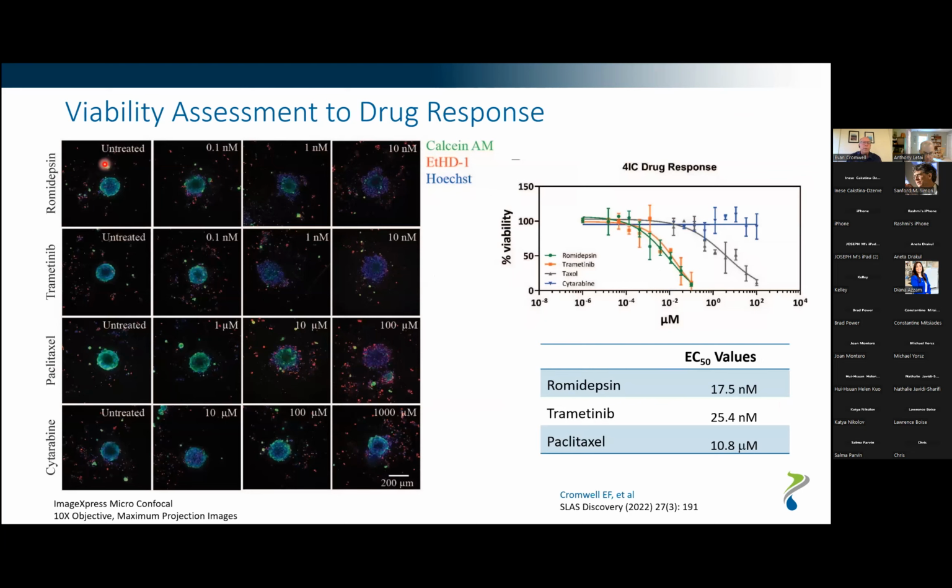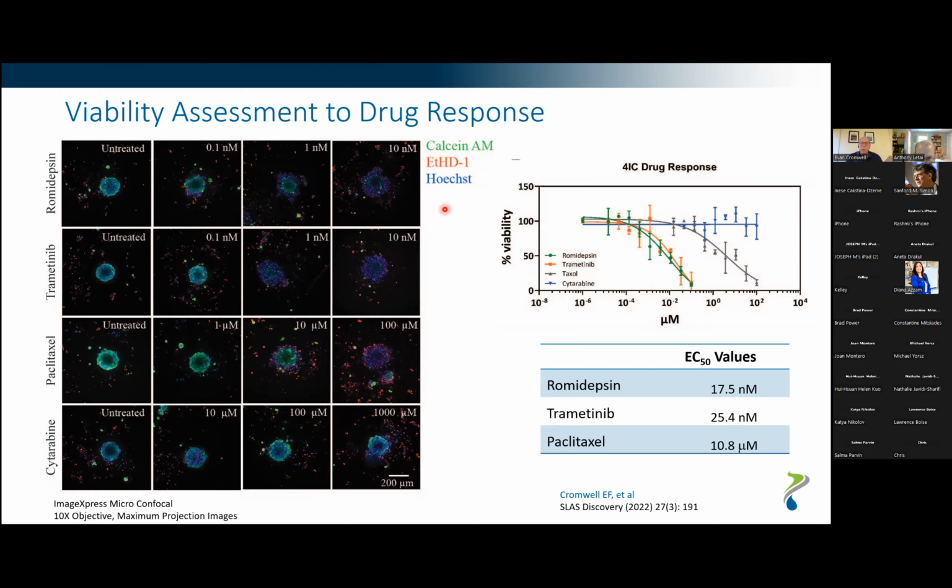So here you can see the viability drug response. The untreated organoids are on the left, and then increasing treatment shows the loss of viability and the destruction of the organoids, as they fall apart, the phenotypic change, if you will.